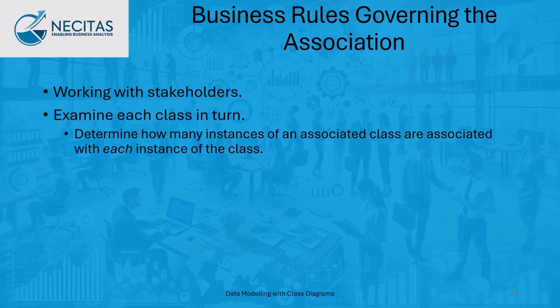To do this, you need to examine each class in turn and, working with your stakeholders, determine how many instances of an associated class are associated with each instance of the class in question. Let's use our example model to explore this further.